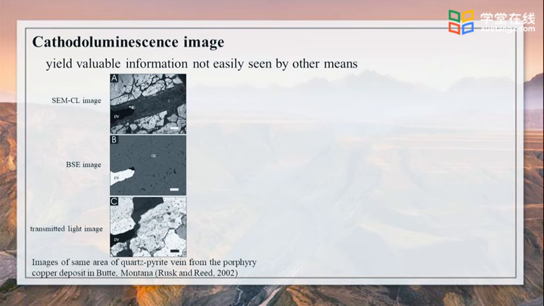This difference in luminescence couldn't otherwise be detected by backscattered electron image, due to the grains having the same mean atomic number, or by light microscope. The transmitted light image shows that the 2 generations of quartz visible with SEM-CL are optically continuous.